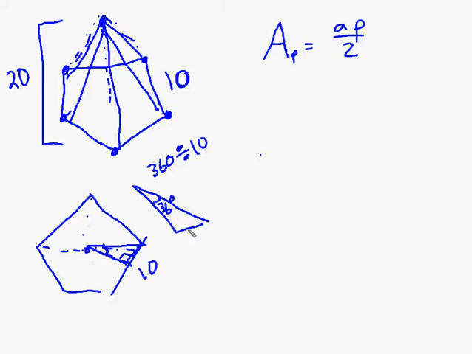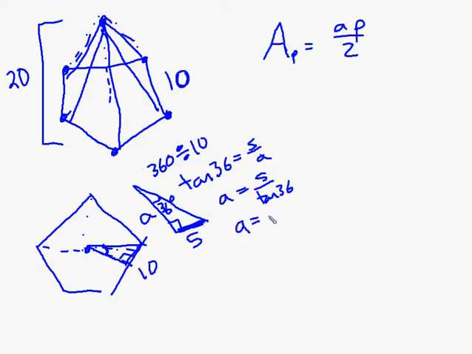Same idea. What's this side length? 5. And I'm looking for the apothem, the A. So tangent 36 equals 5 over A. Correct. So A equals 5 divided by tangent 36. And let's get that to the nearest tenth. You get 6.9. Anyone confused what I'm doing here?